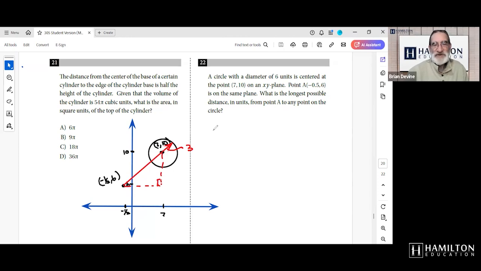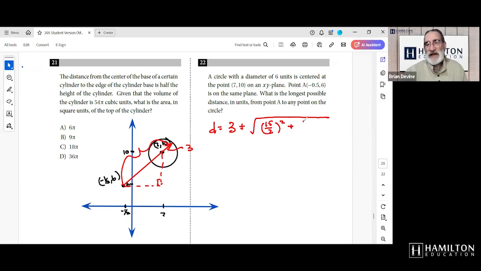I know that this distance, d, is going to have to be 3 plus the square root of, well, 7 plus 1/2, so 15 halves squared, plus 10 minus 6 would be 4 squared.